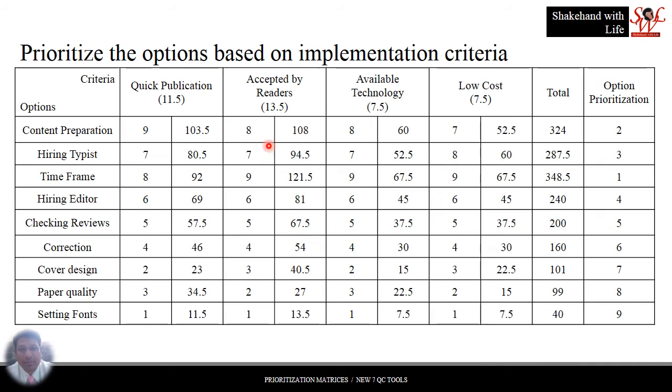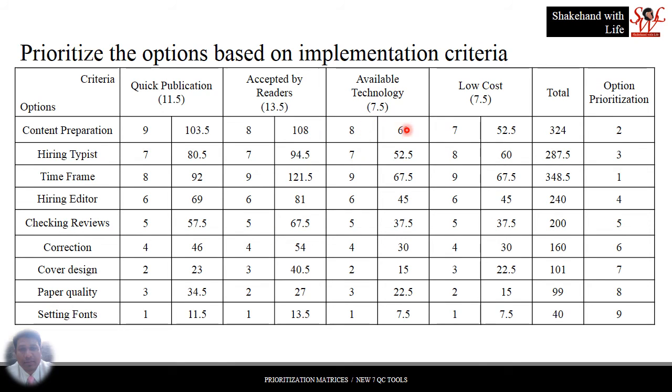So now the option criteria multiplication is 8 into 13.5 is 108, 7 into 13.5 is 94.5, 9 into 13.5 is 121.5, and so on. This is the option criteria score.